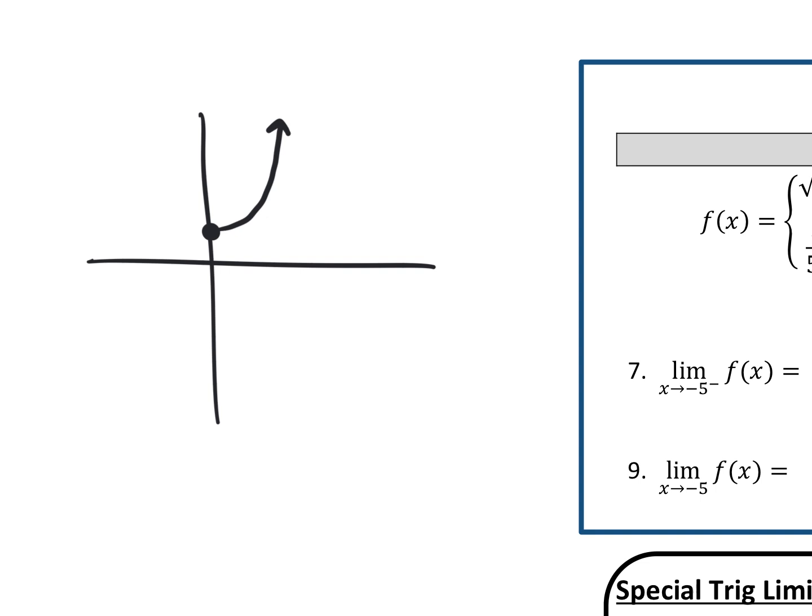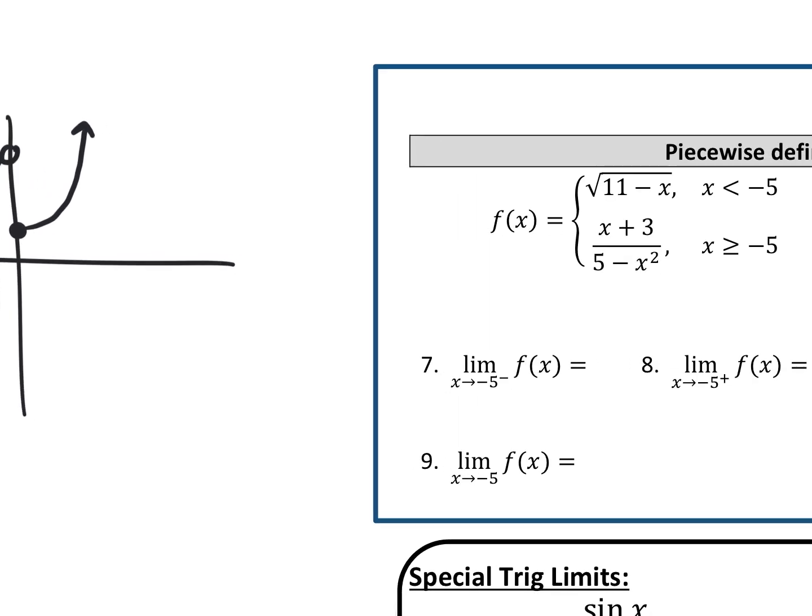So let's say this particular piecewise function, I have half of a parabola. And then let's say right here, I'm going to have an open circle, and then it's just going to be a line going down. If I asked you to find limits with this graph, we could do that pretty easily. The only difference here is that we're doing it algebraically.